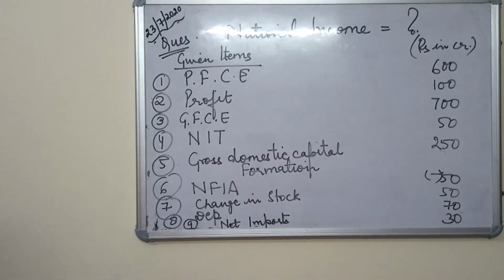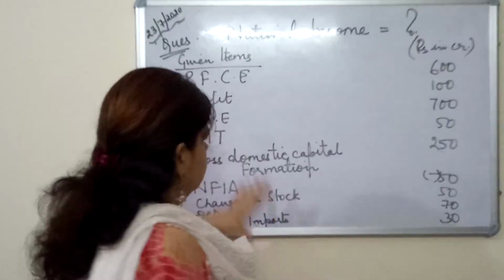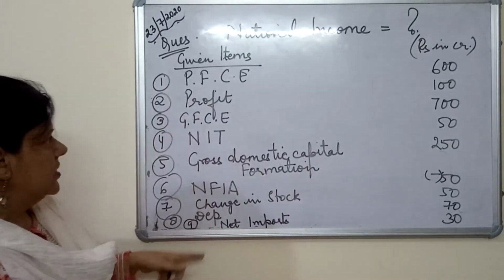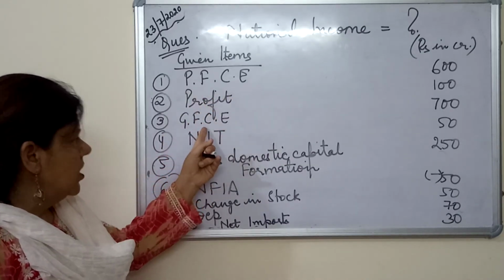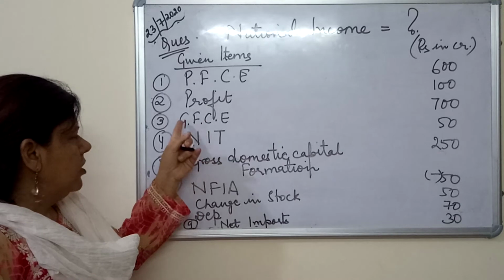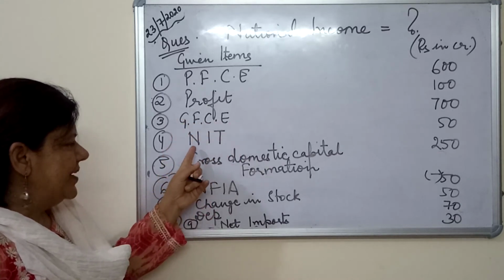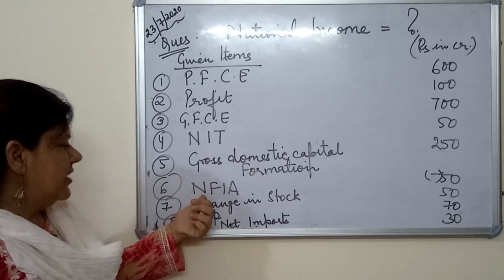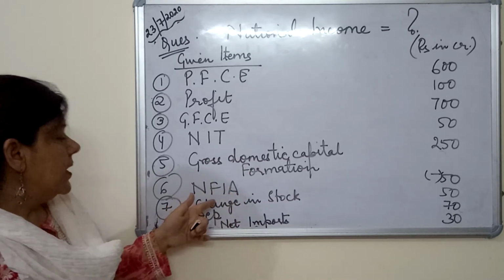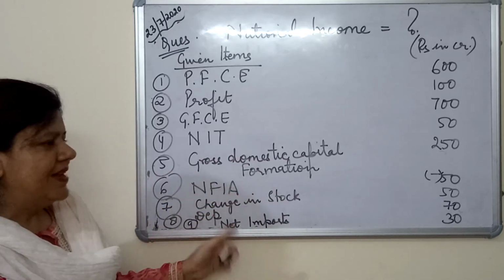Now see students, the given items in the question are private final consumption expenditure, profit, government final consumption expenditure, net indirect taxes, gross domestic capital formation, net factor income from abroad, change in stock, depreciation, net imports.